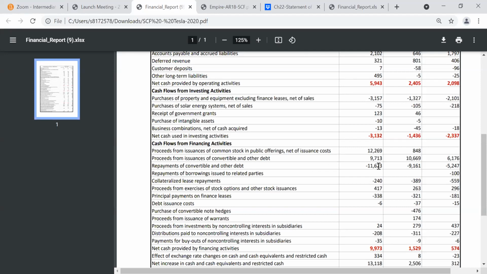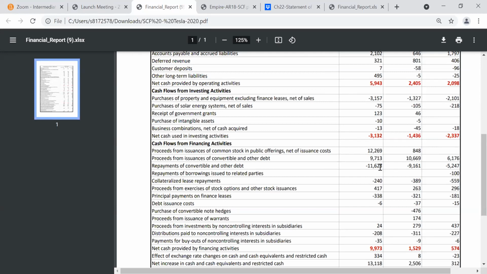They paid out some of the debt, of course, and some other things. The biggest is issuing shares and issuing debt. Even issuing debt takes advantage of the share situation, and they reduce debt as well.